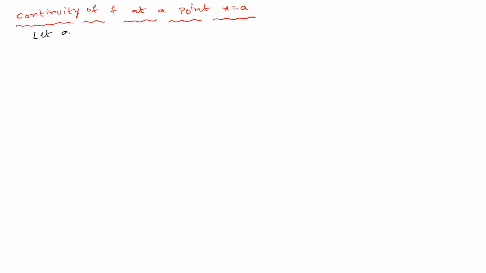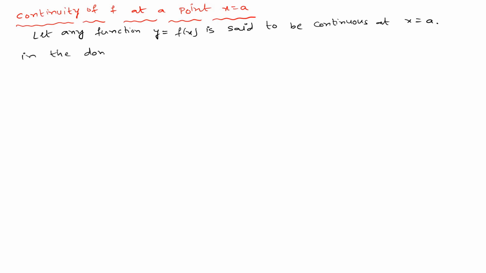Continuity of f at any point x equal to a is as follows. Let any function y is equal to f of x be said to be continuous at x equal to a, in the domain, if limit x tends to a, f of x is equal to f of a.